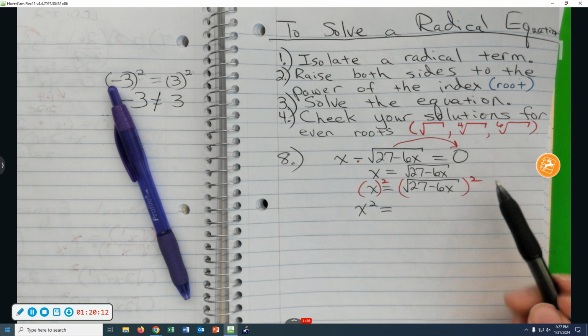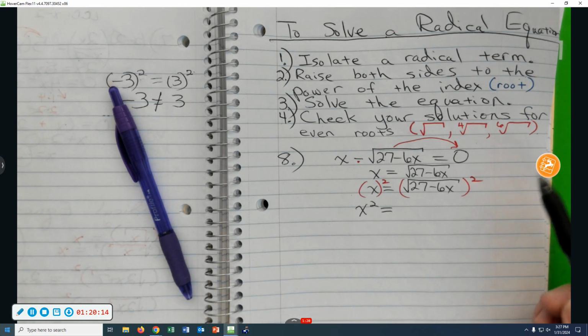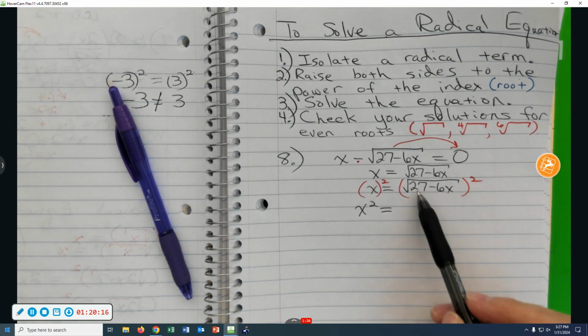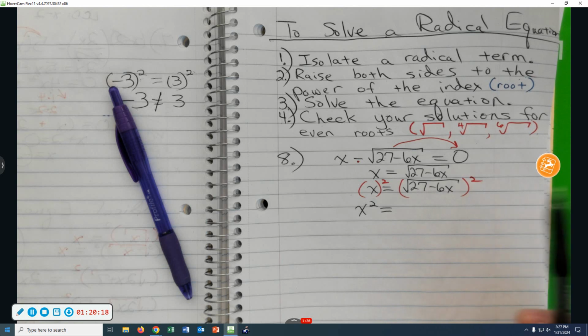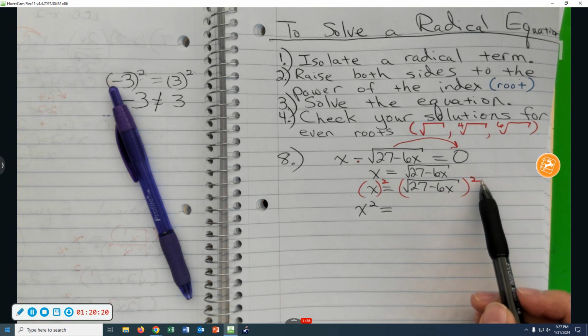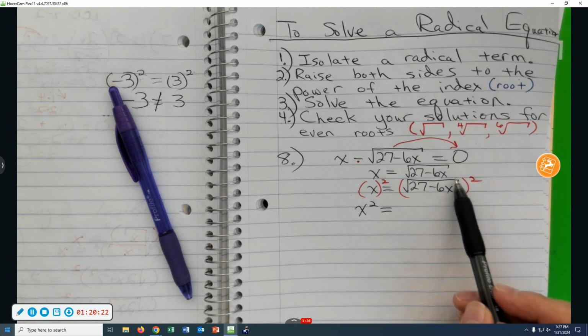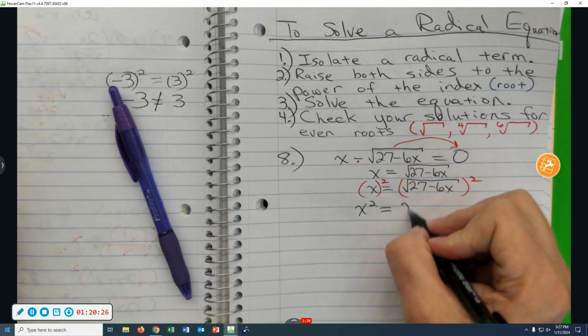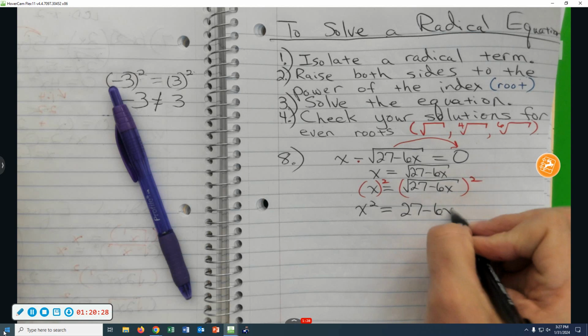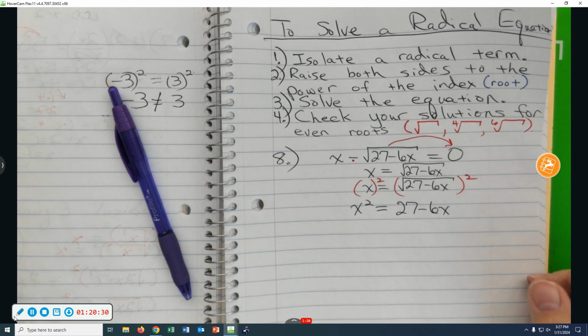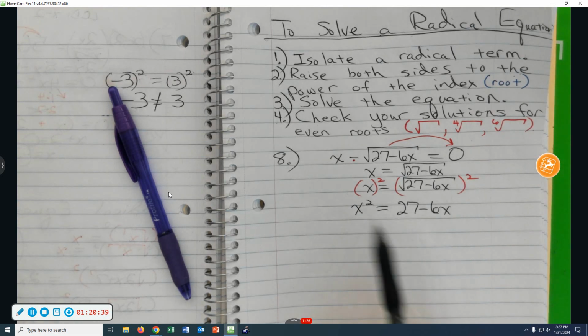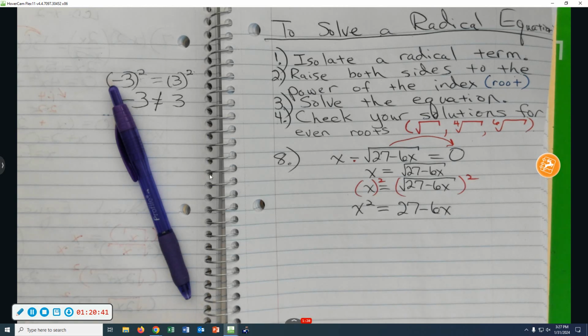Equals, hey, the right side's reducing pretty nice too. Everything's under the square root. So, okay, that squaring does the effect of the square root, leaving us just 27 minus 6x. It's quadratic. That means we're going to have to get one side set equal to 0. Where do you think I'll get the 0, on the left side or the right side?